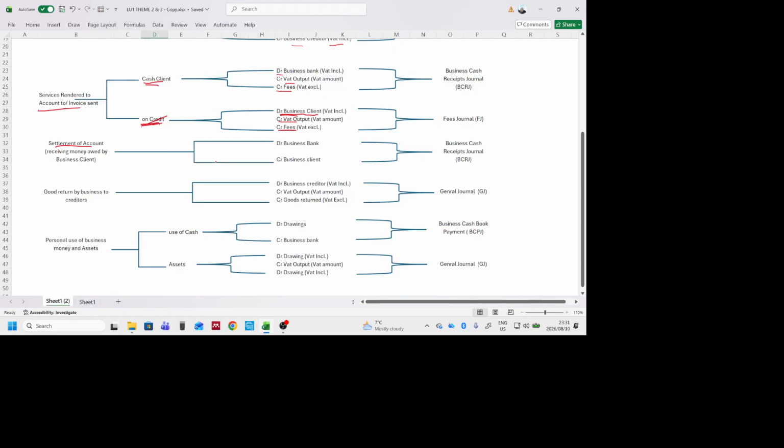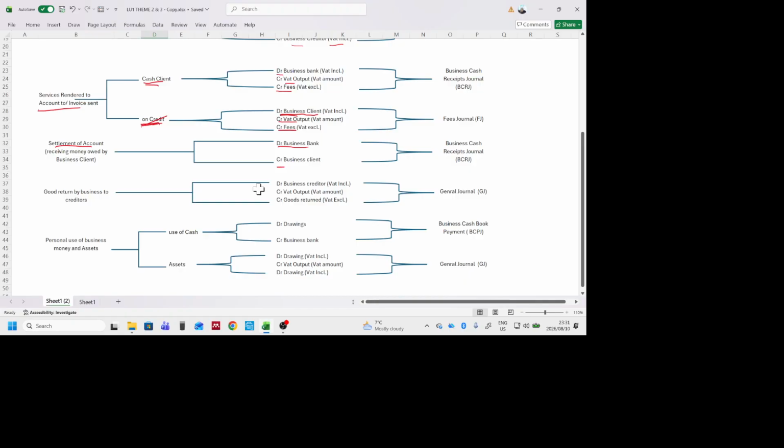So for such customers, when you receive the money, you will debit your business bank account, to indicate that the money is coming into my business bank account. And then you are going to credit the client account, to indicate that there is a decrease in the amount being owed by this customer, and therefore this customer has paid me this much. Every time you credit your business client account, you're saying that this account is decreasing.